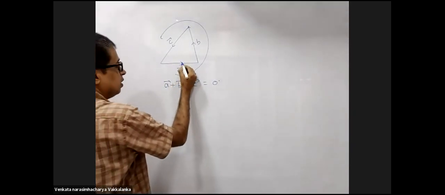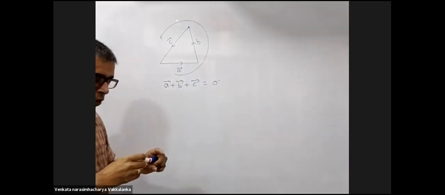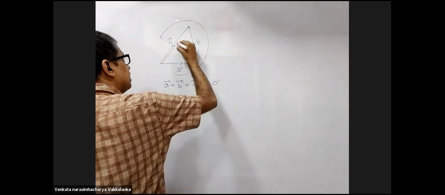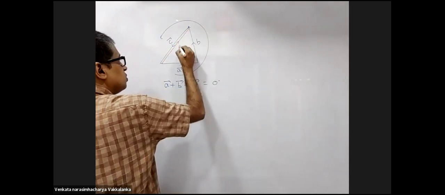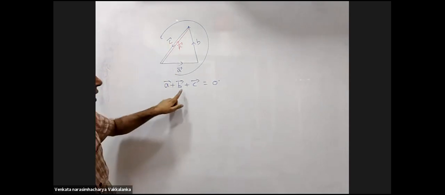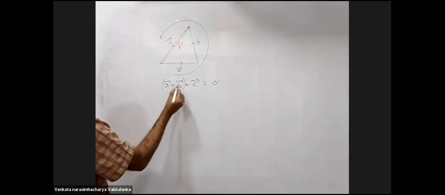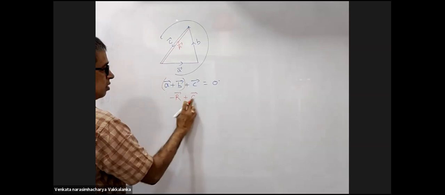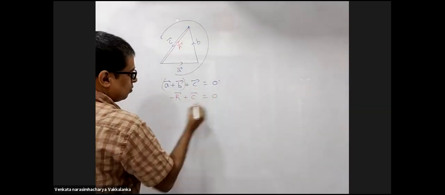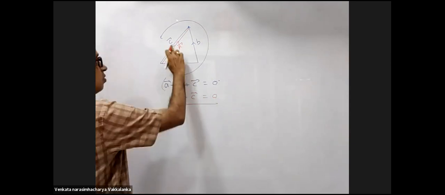Have a look at this. A plus B, according to you, is the third side of the triangle taken in the reverse order. Yes or no? This is your resultant R. R and C are equal in length, opposite in direction. So A plus B, I will write as R, plus C. C and R are in opposite directions, so this will become 0 because C is equal to R in magnitude.